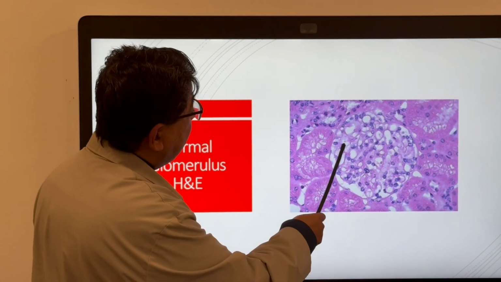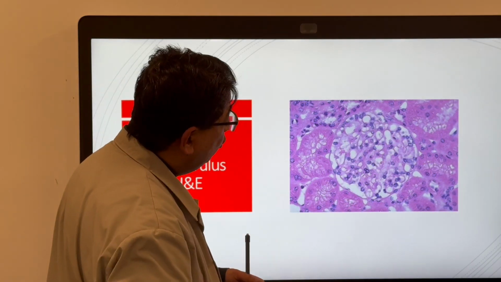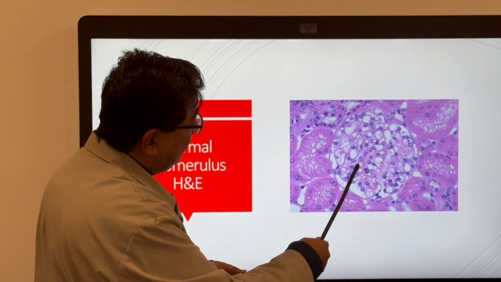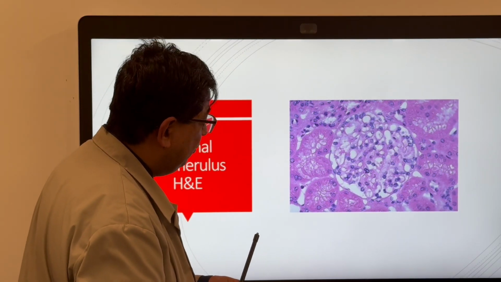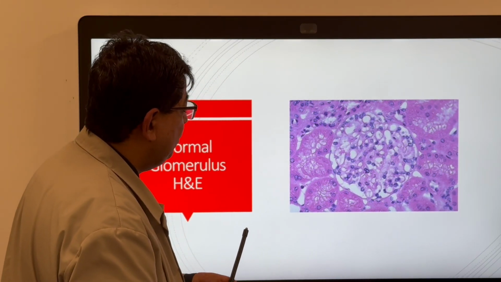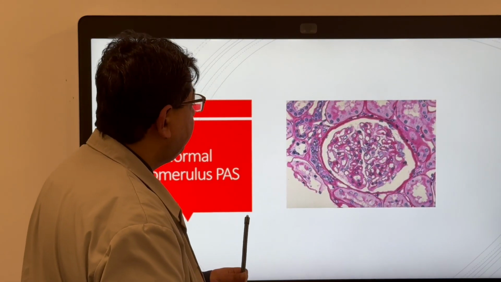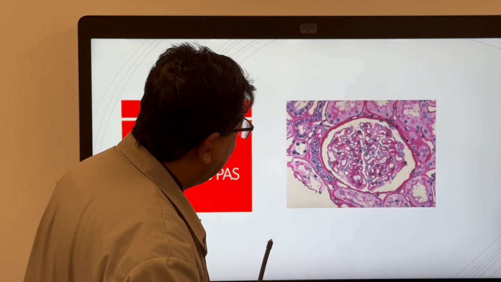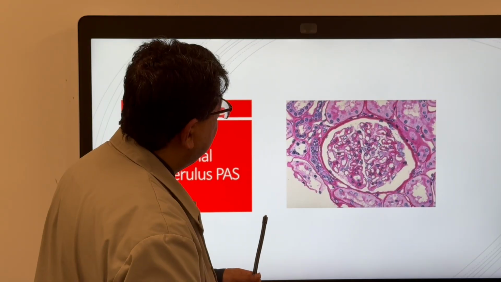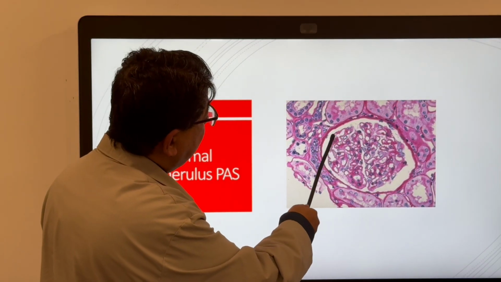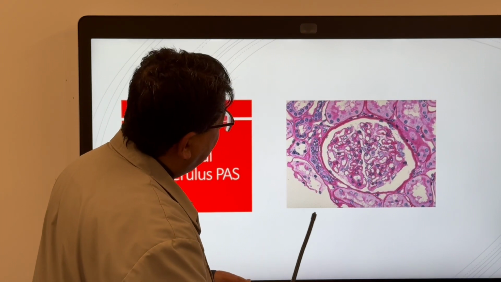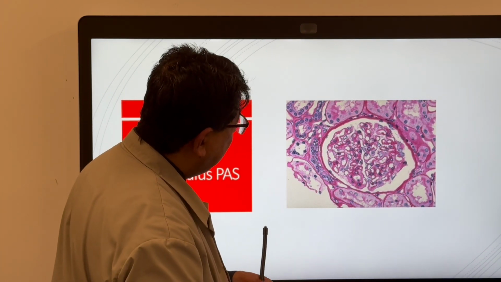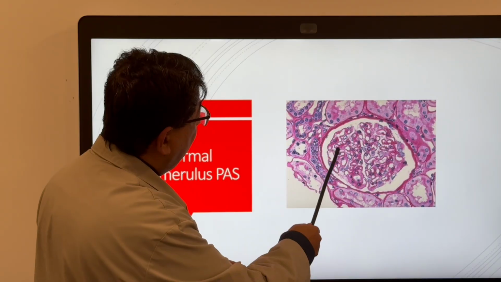And the white areas, those are the capillary loops, and you do see the capillary loops, so there's not any endocapillary hypercellularity in this particular glomerulus. This is a periodic acid Schiff stain. You can see that the glomerular basement membranes are nice and thin, and not many cells in the mesangial area, and the capillary loops are nice and open.